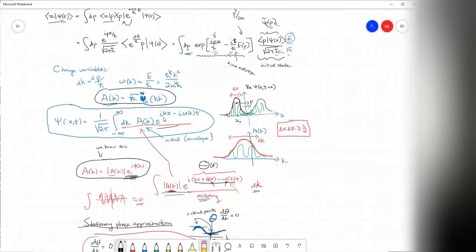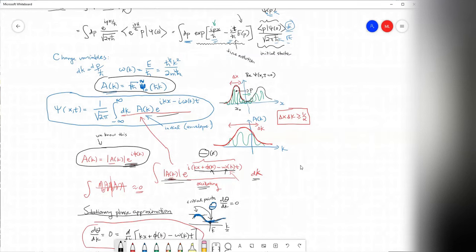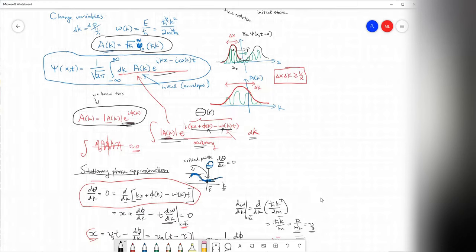And again, we did that by saying that this exponential is very wiggly, except for places where the exponent is slowly varying, which is around some k bar, where this is stationary. That k bar corresponds to the peak of this initial envelope in Fourier space. This gives you the initial momentum, and that's where the contribution to the integral is centered around. So that's the intuition.